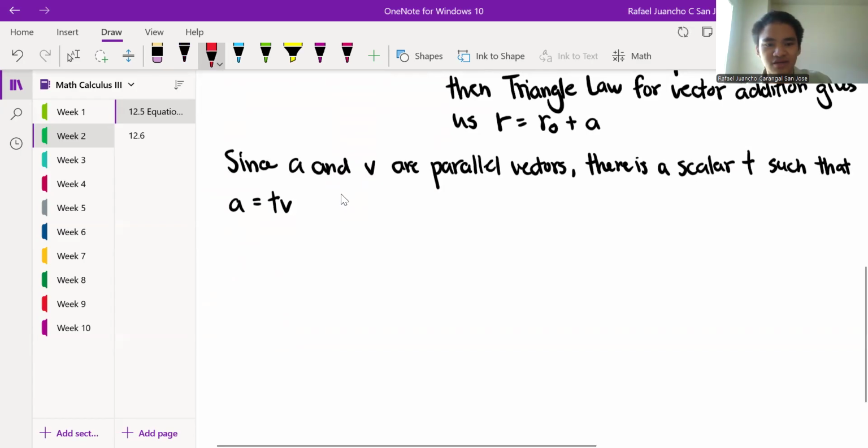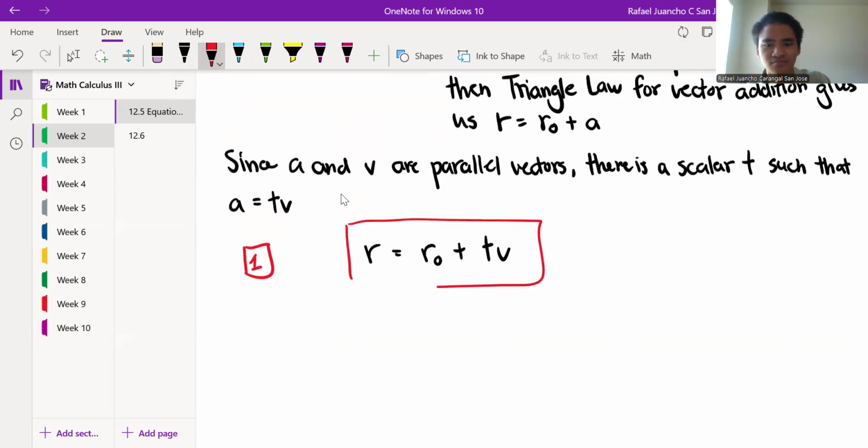And so from there, we actually have our first formula. R is R naught plus tV. Because remember R equals R naught plus A, we just change A to tV.